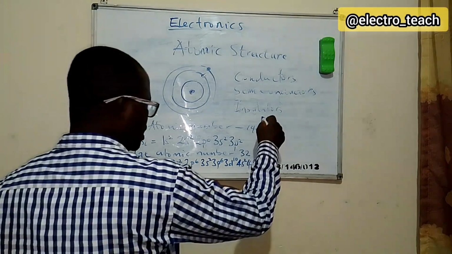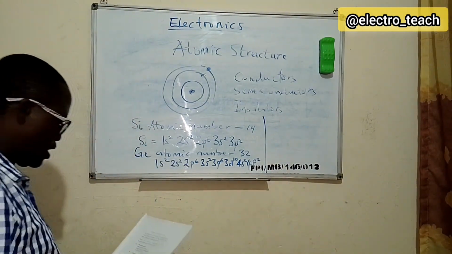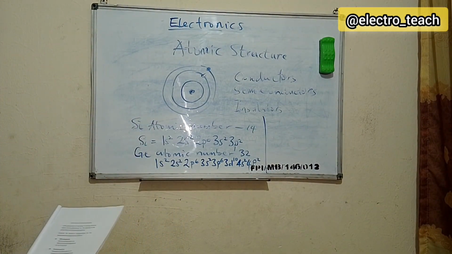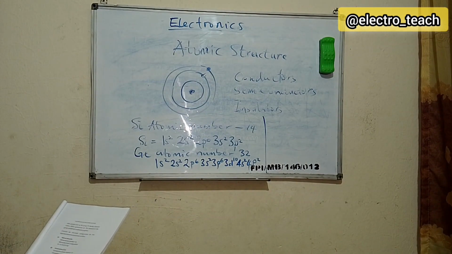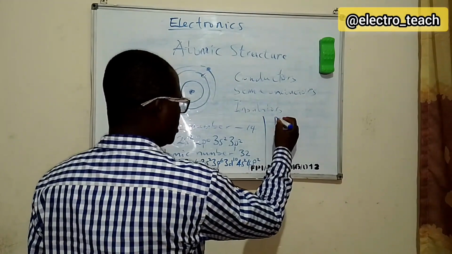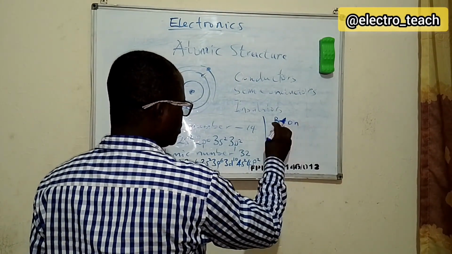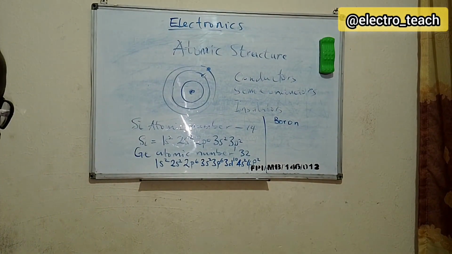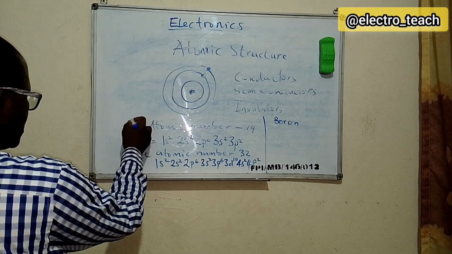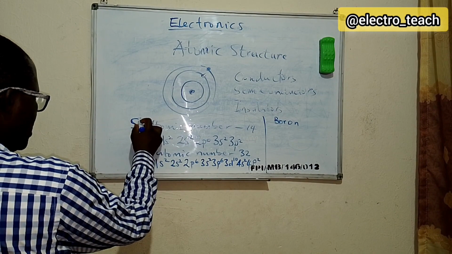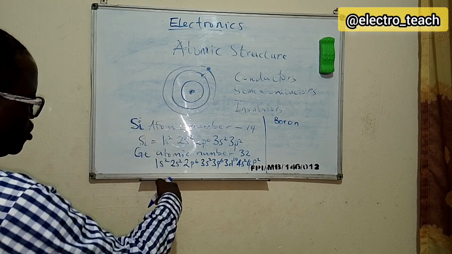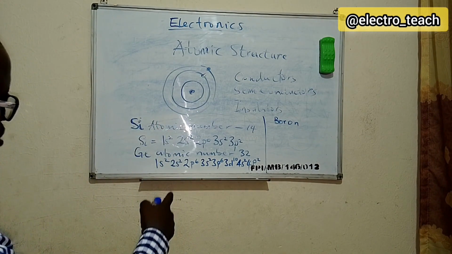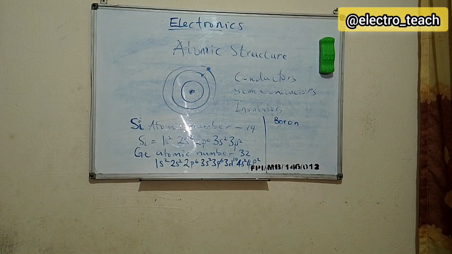Now for group 3 elements such as boron, that is of interest to us. Silicon and germanium are group 4 elements, and these are the most important semiconductors. We're interested in their electronic configuration because they form the major parts of electronics.